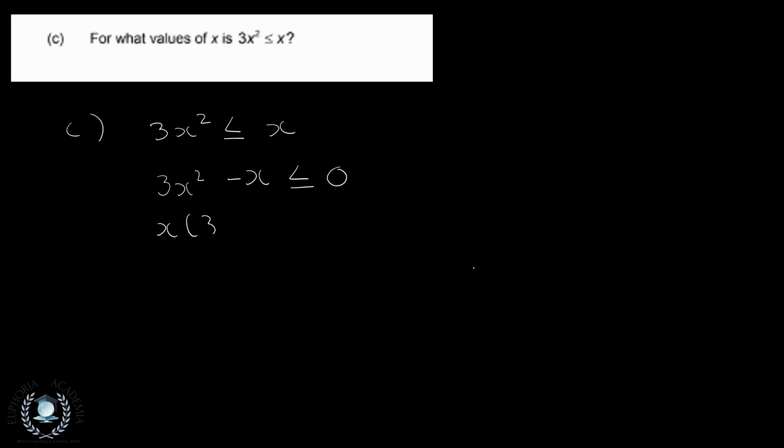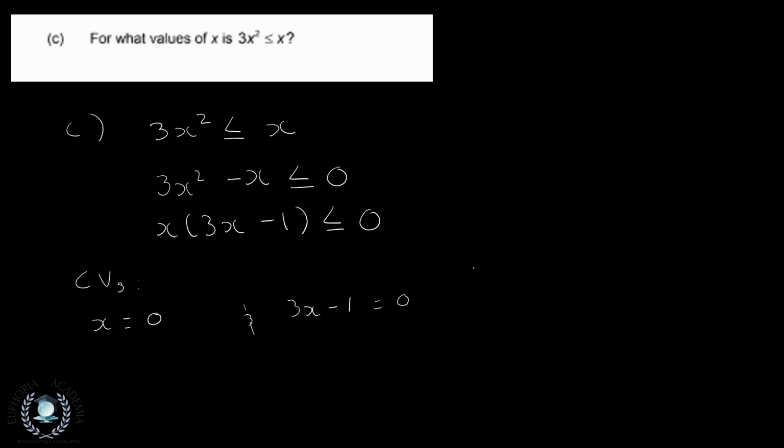I'm going to be left with 3x minus 1, and that should be that. So our critical values, we have x being equal to 0 and 3x minus 1 being equal to 0.